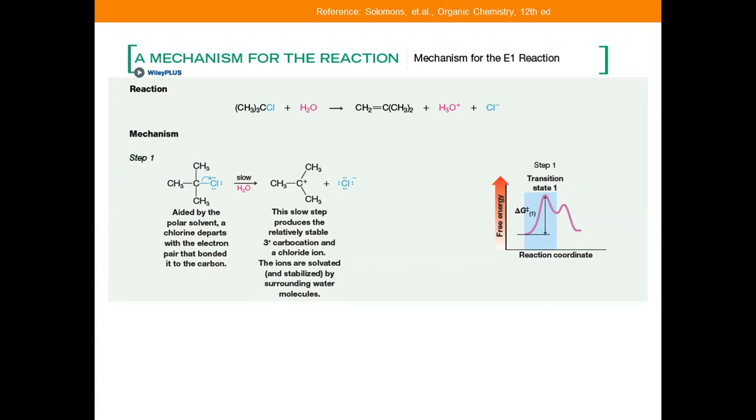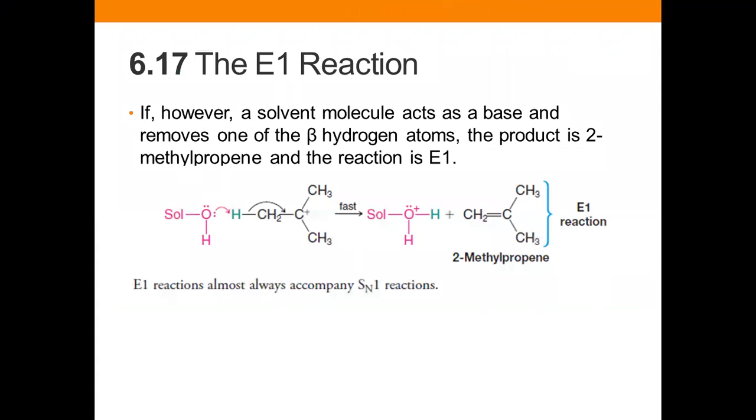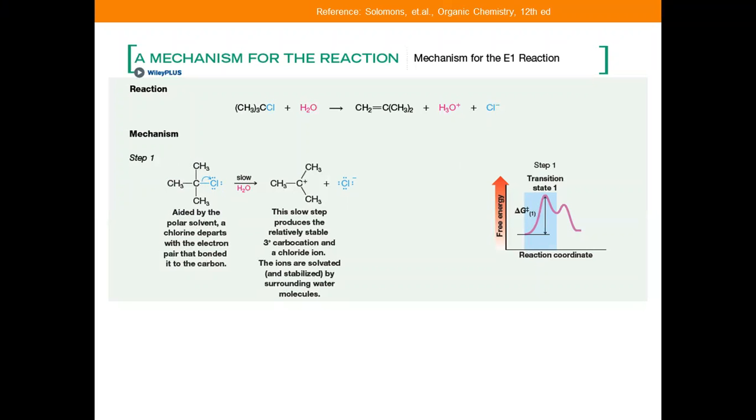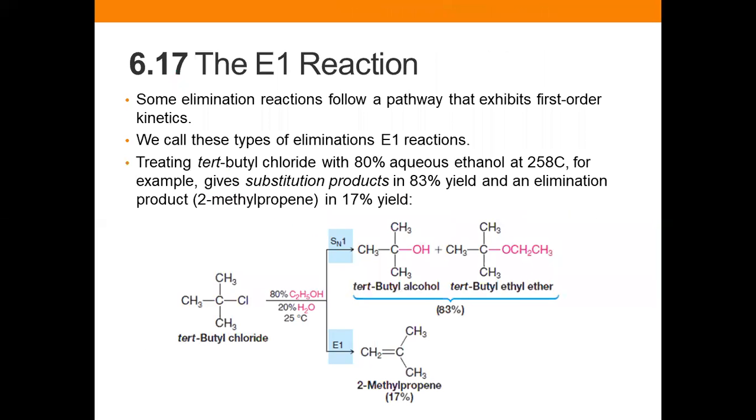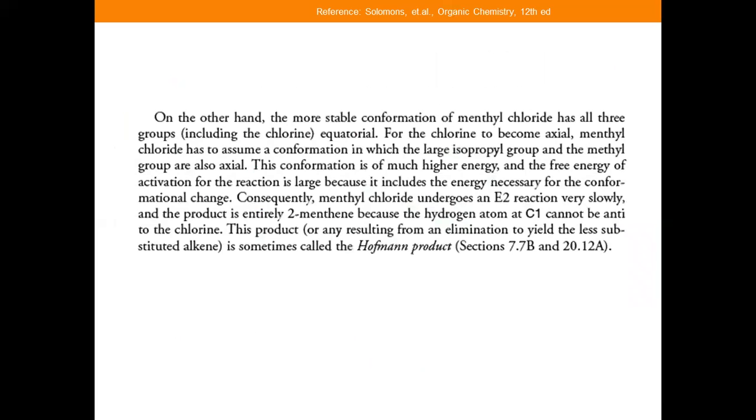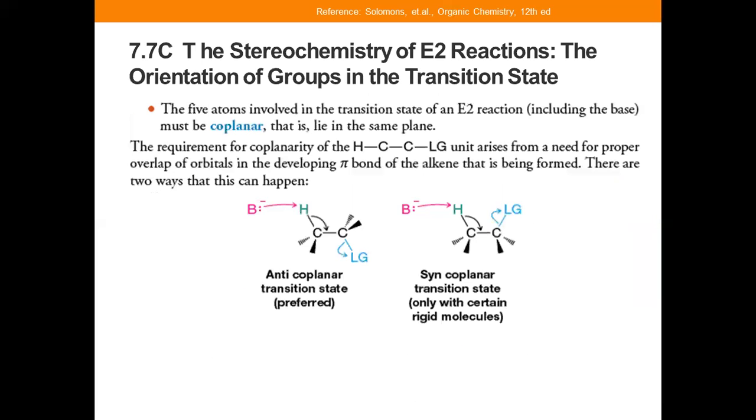Let's see. If you have a primary alcohol, so this is a tertiary. Okay, let's say this, for instance, this is your leaving group and you have your proton here. Why can't we abstract it?